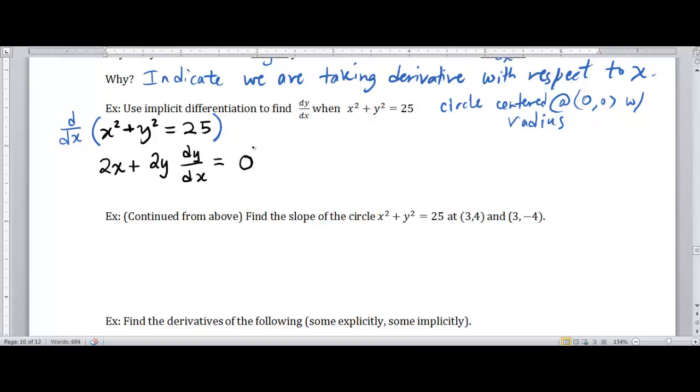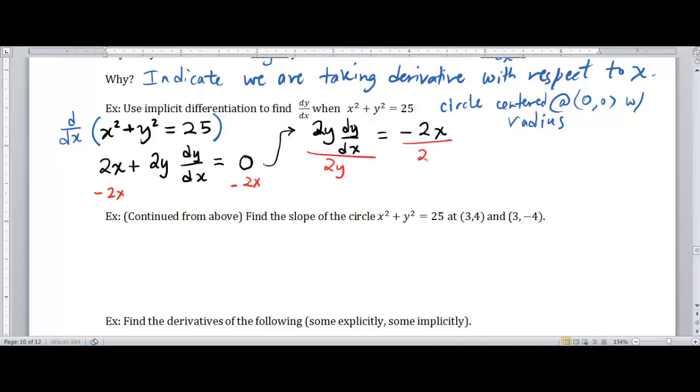Now I need to solve for dy dx. So I can get the 2y dy dx. Let me leave it on the left side. And I will subtract 2x from both sides. So I'm left with negative 2x. And then I'm going to divide both sides by 2y.